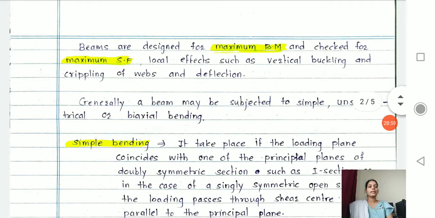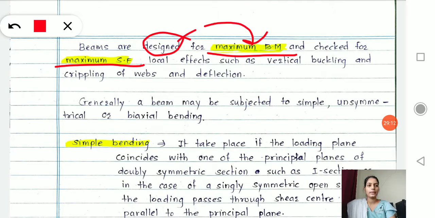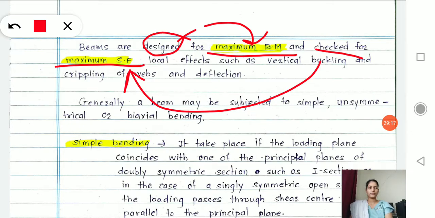Okay, now next I said beams are designed for maximum bending moment and checked for the maximum shear force. What I said: design for maximum bending moment and check for maximum shear force.